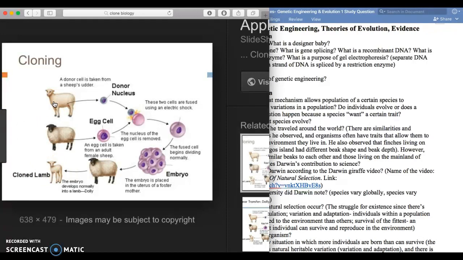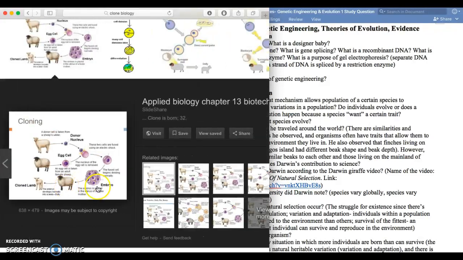What you need to know from this picture is to read it properly and interpret what's going on in here. We have a donor nucleus, and because this little sheep got the nucleus from this sheep, and DNA comes from the nucleus, this sheep is a clone of this sheep, not this one or this one, because this one only produced the cell without the nucleus, and this sheep is the carrier of the baby sheep.